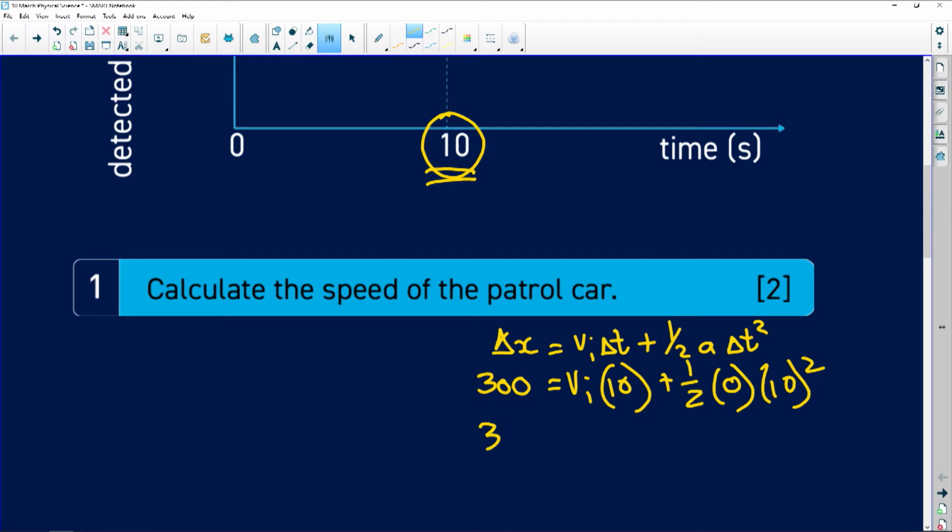So if we go into the calculation, we get 300 equals 10 times v initial. So v initial equals 30 meters per second. They're asking me for speed, so I don't need to give a direction.